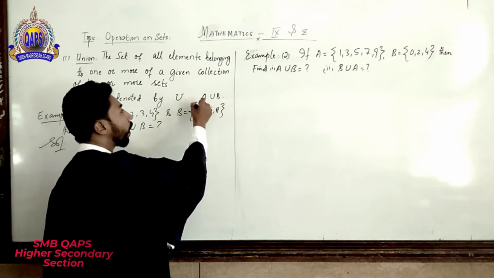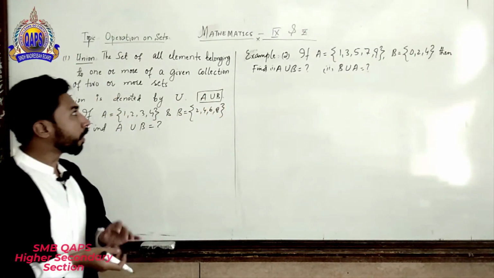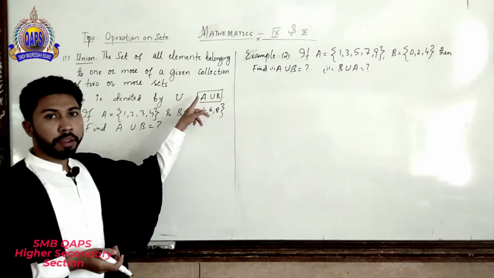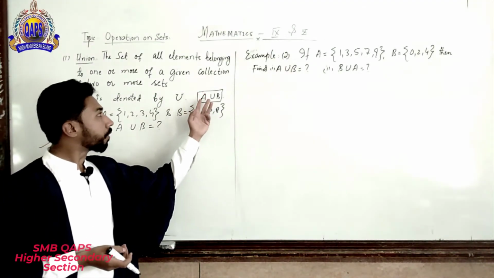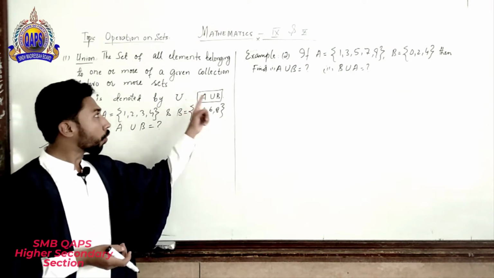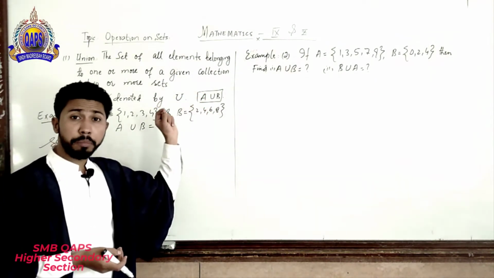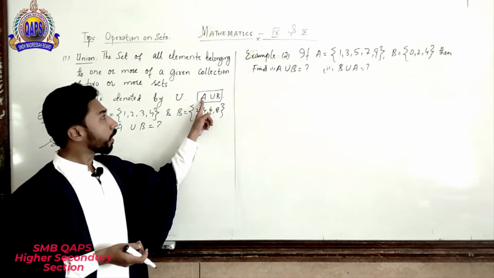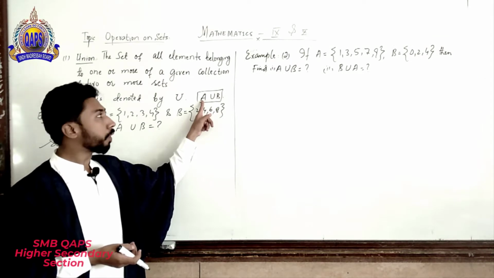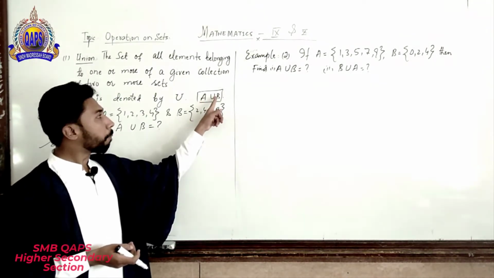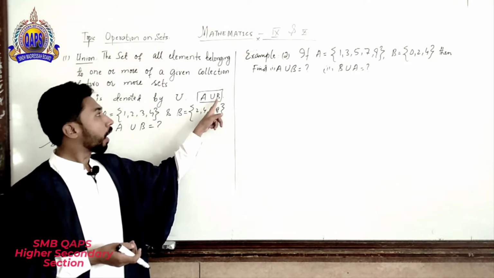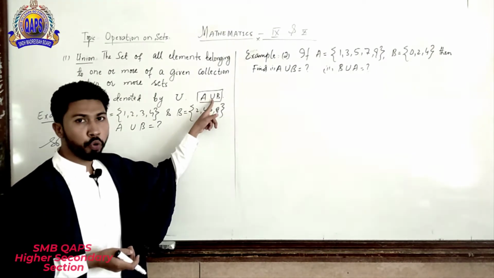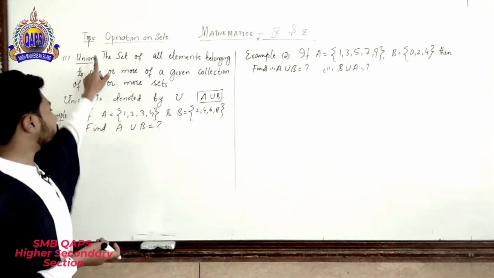Here A represents the first set and B represents the second set, and the sign U in between denotes the union.